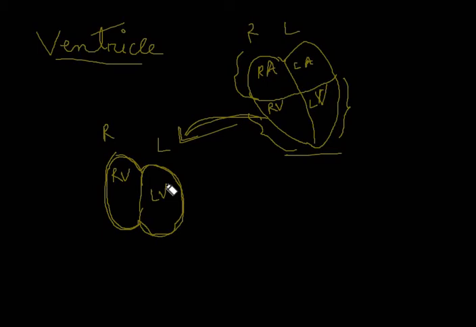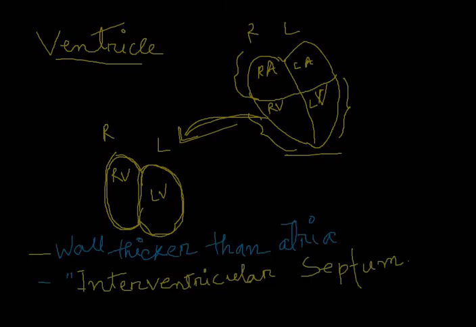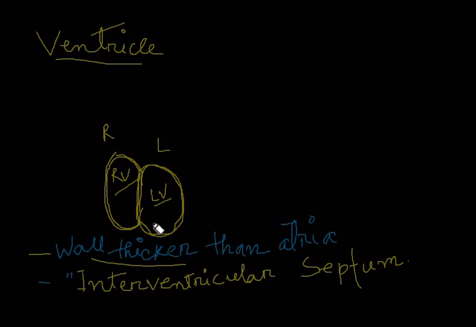We have to remember that the wall of ventricle is much thicker as compared to the wall of atria. The wall of ventricle is thicker than atria, and the one septum that separates right ventricle and left ventricle is known as interventricular septum.